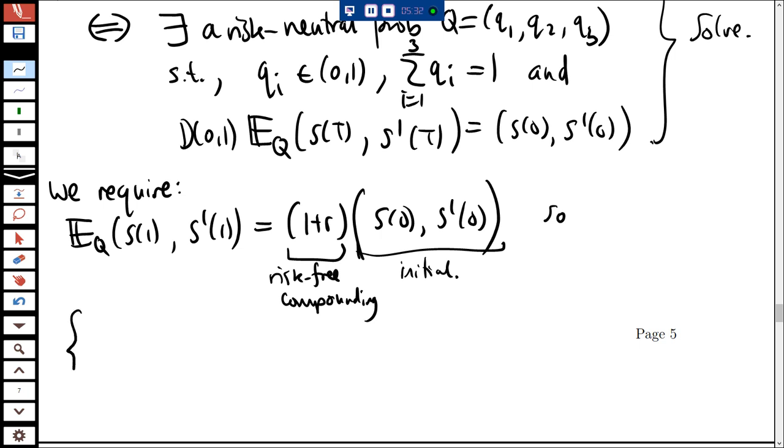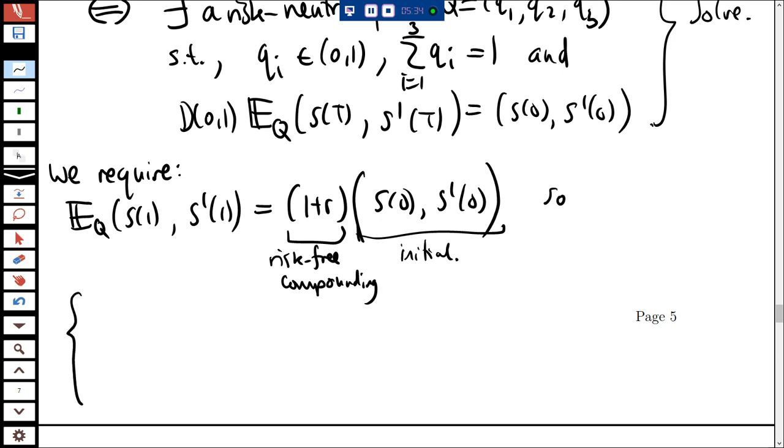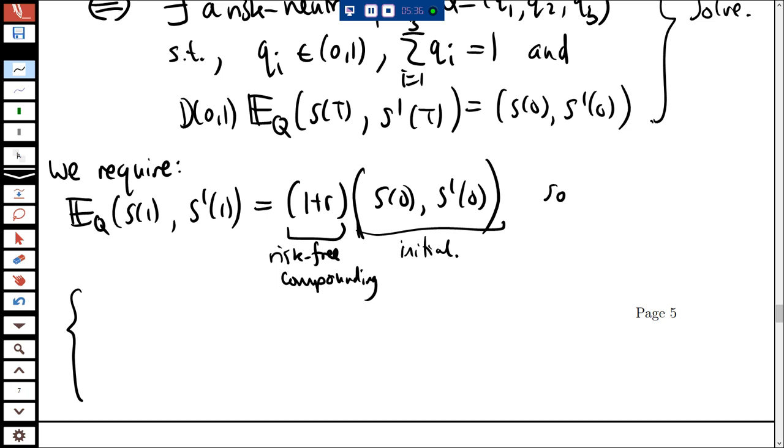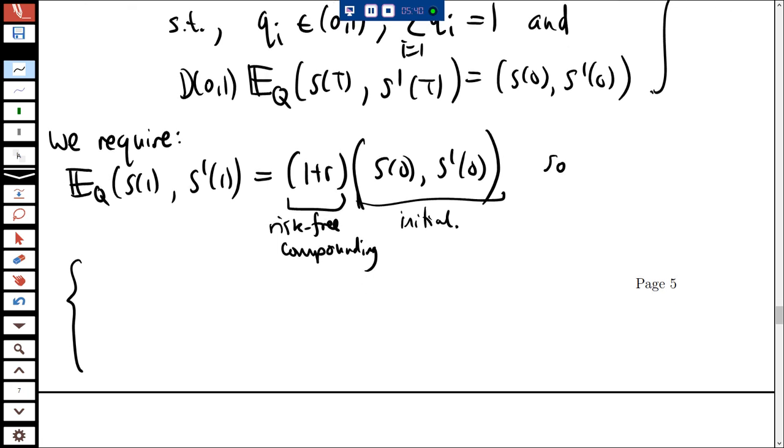So what equation do we have? The expected returns. I need to go through all these probabilities.